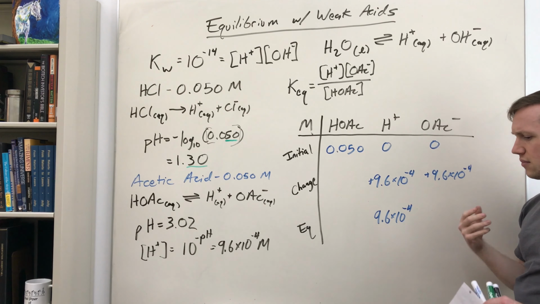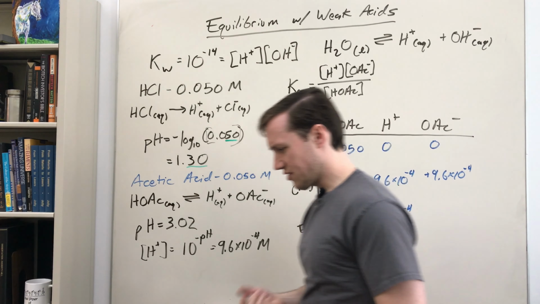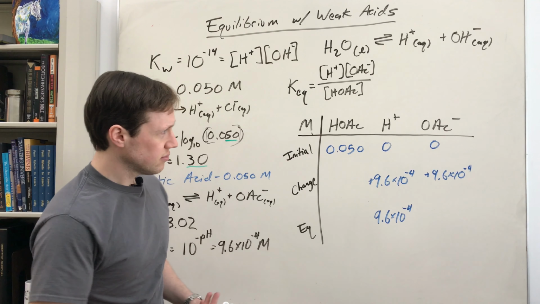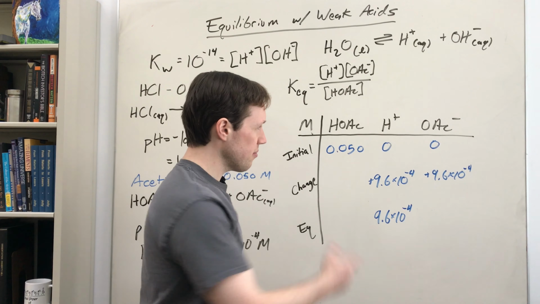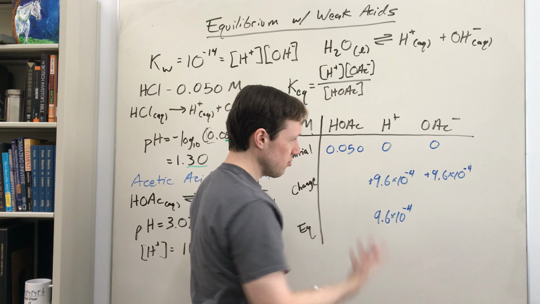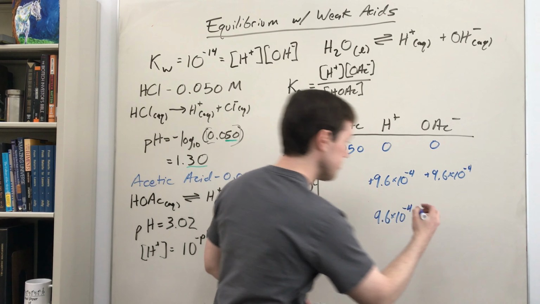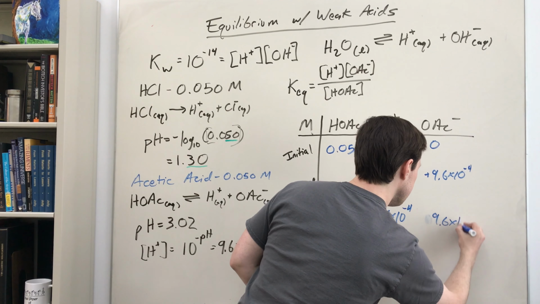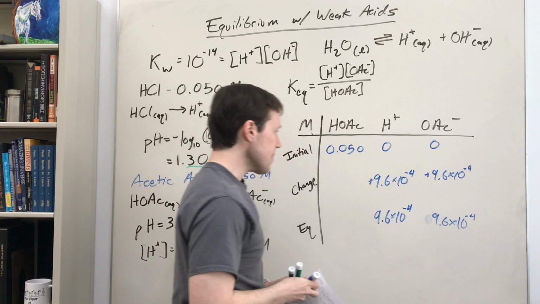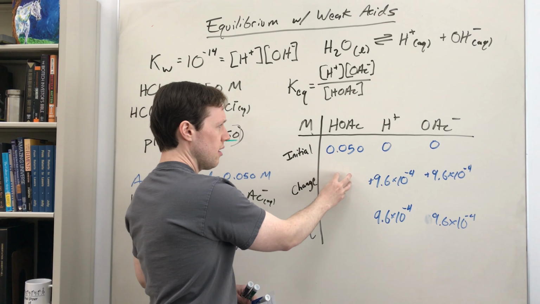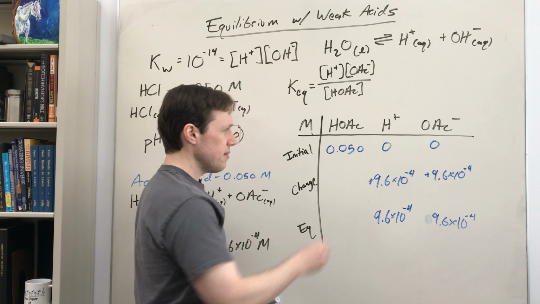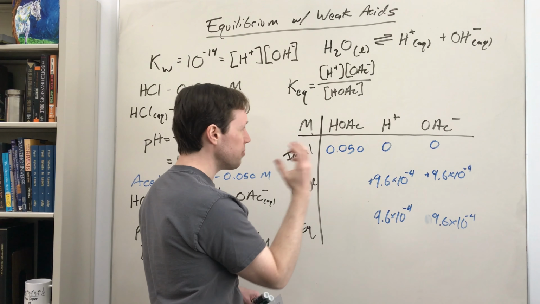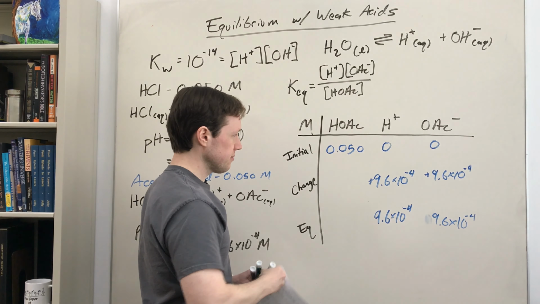Now, if we started with 0 acetate and we're now ending up with some amount, well, the amount we end up with must be whatever we got based on this change. Likewise, if we made this much H plus, the only way we could have made it was by consuming acetic acid.